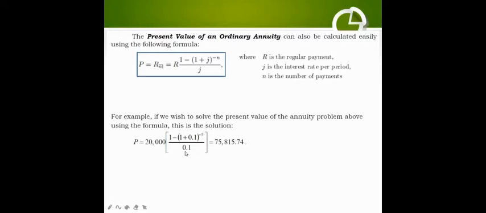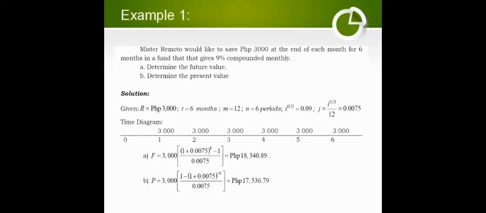Our n here is 5, so you have negative 5 all over 0.1. So that is equivalent to 75,815.74. So, we will not use the table or the time diagram anymore. So, pwede na natin i-solve using the formula given.